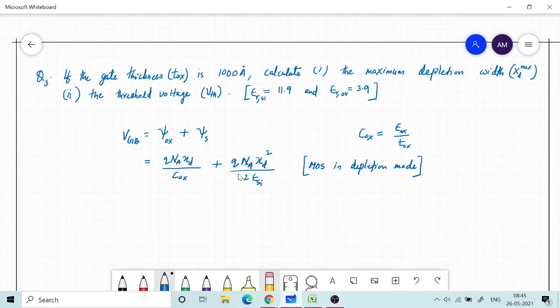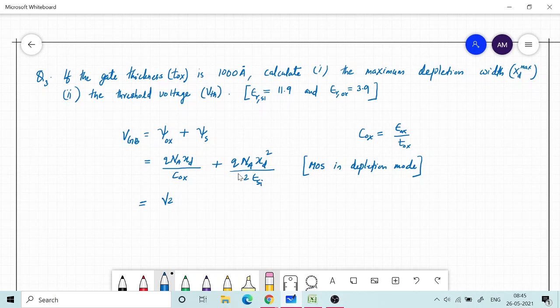The other way, the same expressions we can also express in terms of psi s. So we could write psi ox in terms of psi s. What you need to do is take psi s equal to the second term, find out XD from that, and substitute in the first term.